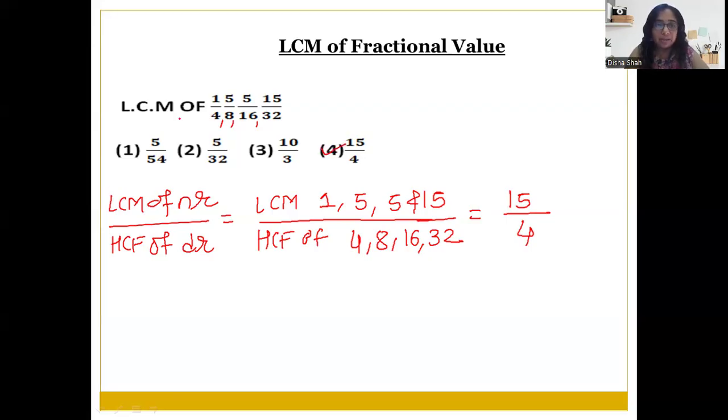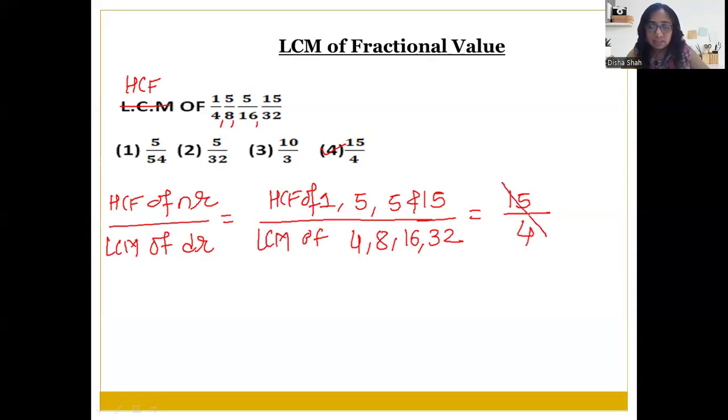ठीक है. हाँ अगर इसमें LCM की जगह पे HCF पूछा होता, so what we would have done, उल्टा हो जाता ये. HCF of numerator and LCM of denominator. तो आंसर क्या होता?